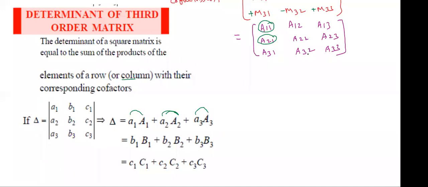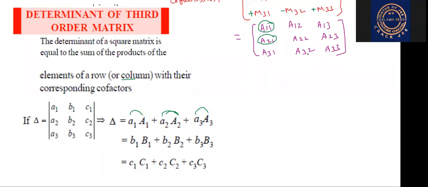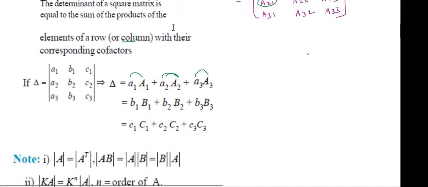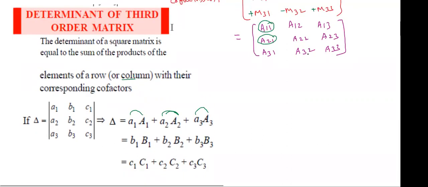See a1 plus a2 plus a3, or b1 plus b2 plus b3, or c1 plus c2 plus c3. That means take any row or any column, then take their corresponding elements. This is the definition of the determinant of a 3 by 3 matrix.